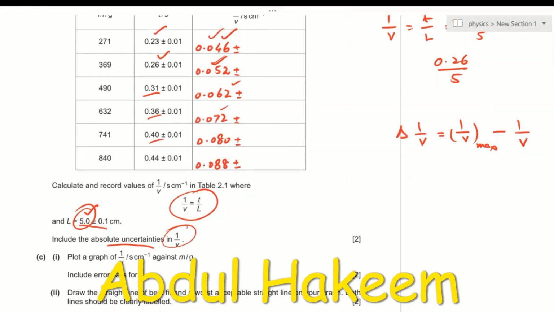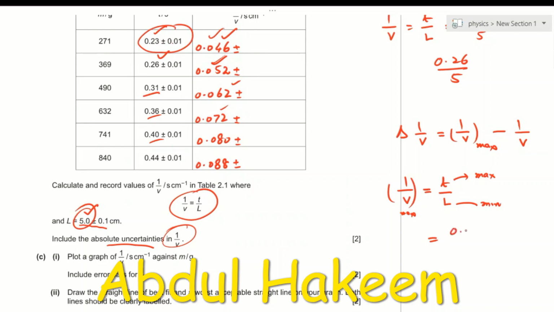Look, 1/v = t divided by L. The maximum value of 1/v can be calculated by using the maximum value of the time but the minimum value of the length. So the maximum time is 0.23 plus 0.01, which is 0.24. And the minimum value of the length will be 5 minus 0.1, which is 4.9.